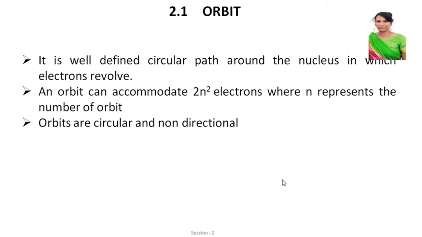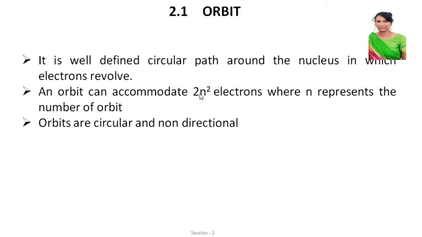If you imagine an onion and cut it, you'll have different layers. The one nearest to the nucleus you call n equal to 1, then n equal to 2, n equal to 3, and so on, so the orbit number will be 1, 2, 3, 4, 5, like that.